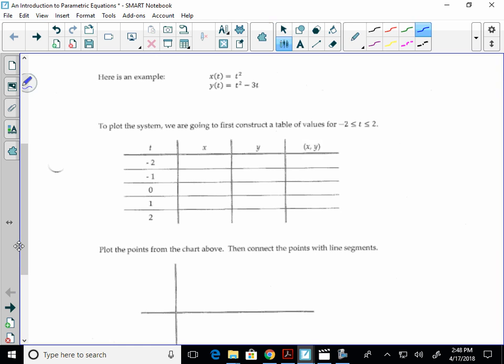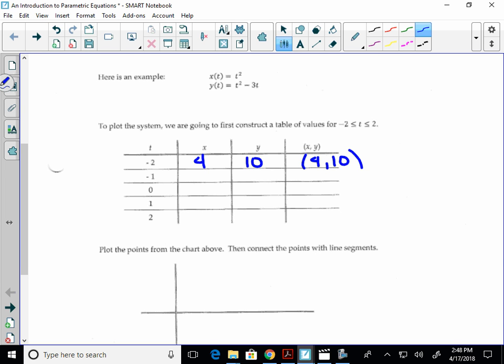To graph without a graphing calculator, you would plug the t values in, and whatever you get for x would be your x value, whatever you get for y would be your y value. So if I plug negative 2 into the x equation, I would get 4. If I plug negative 2 into the y equation, I get 10. So the point that I would graph would be (4, 10).